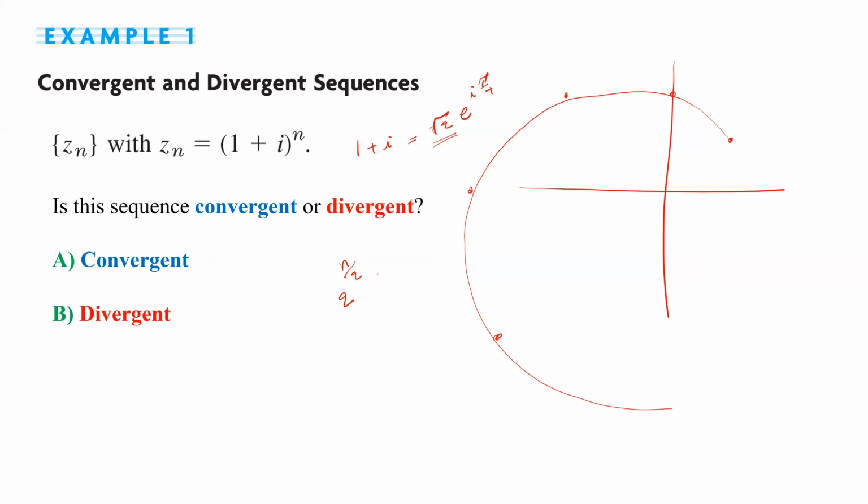So it goes up, bigger and bigger as you increase n. So it never approaches anything, okay? This is 1 plus i. This is 2i, and it's 1 plus i cubed, and so forth. It goes up by a 45-degree angle each time, and it also increases its modulus, so it spirals out. So it is divergent. Okay.